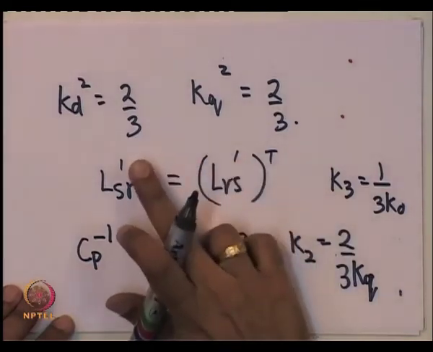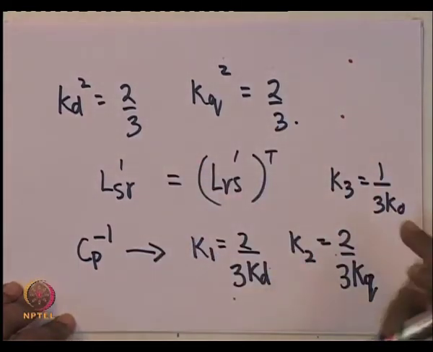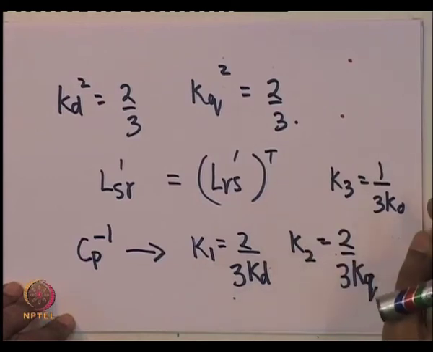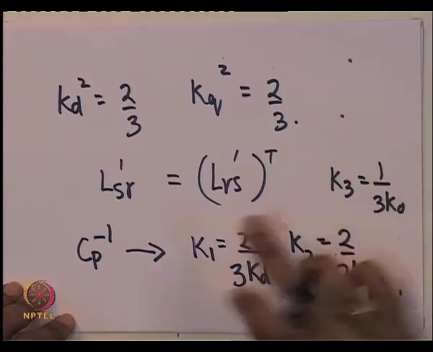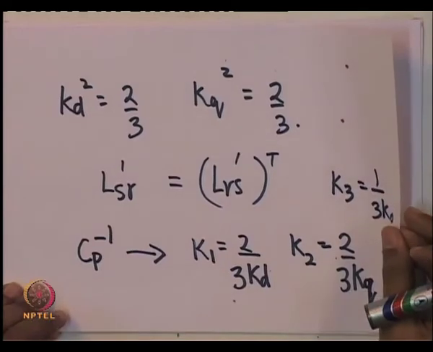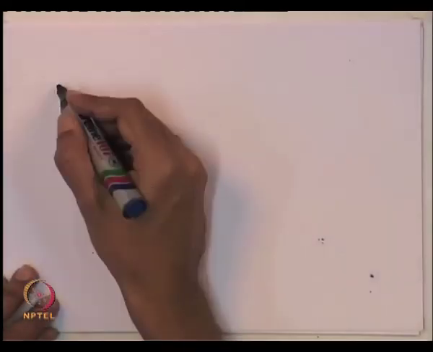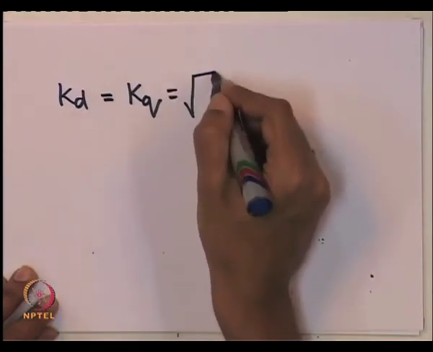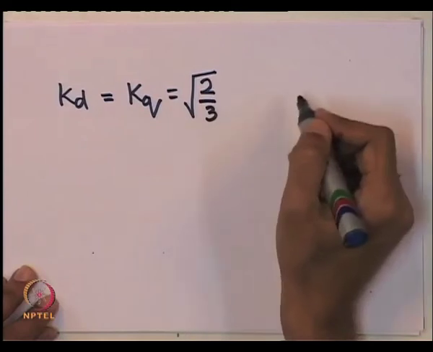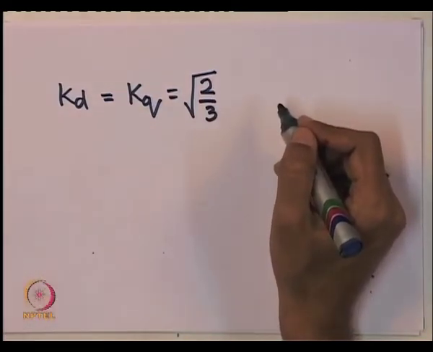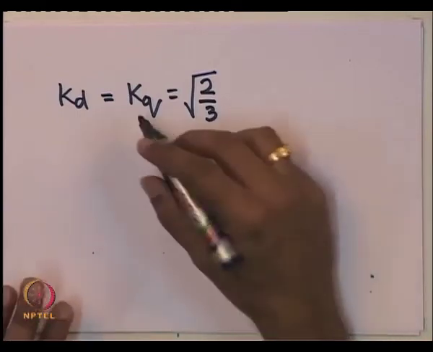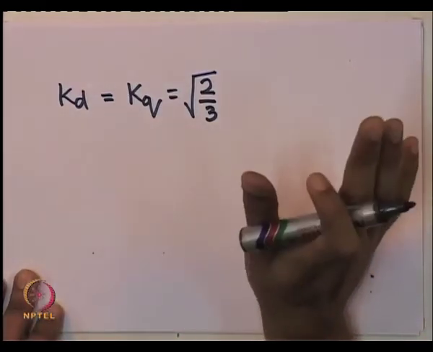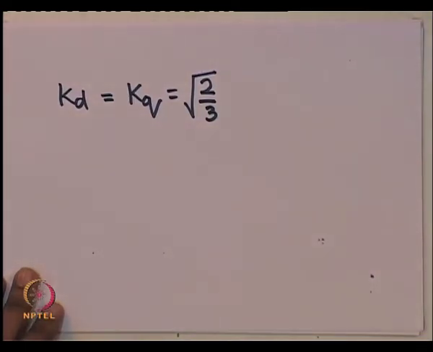If you look at these relationships, it appears that it is not a bad idea to choose Kd equal to Kq is equal to root 2 by 3. Okay. So, that is an interesting and important point here. Of course, there is absolute freedom in choice of Kd and Kq insofar as our main objective of getting a time invariant set of equations.